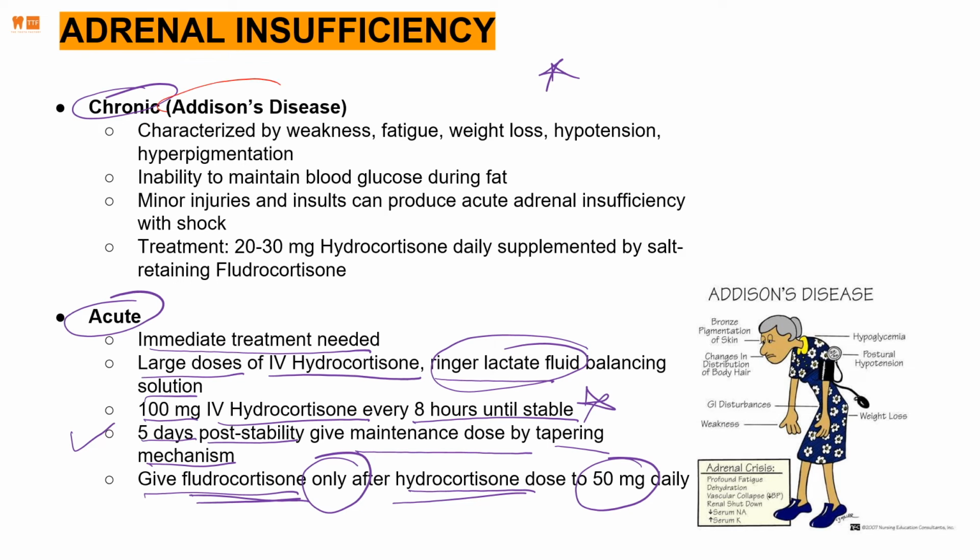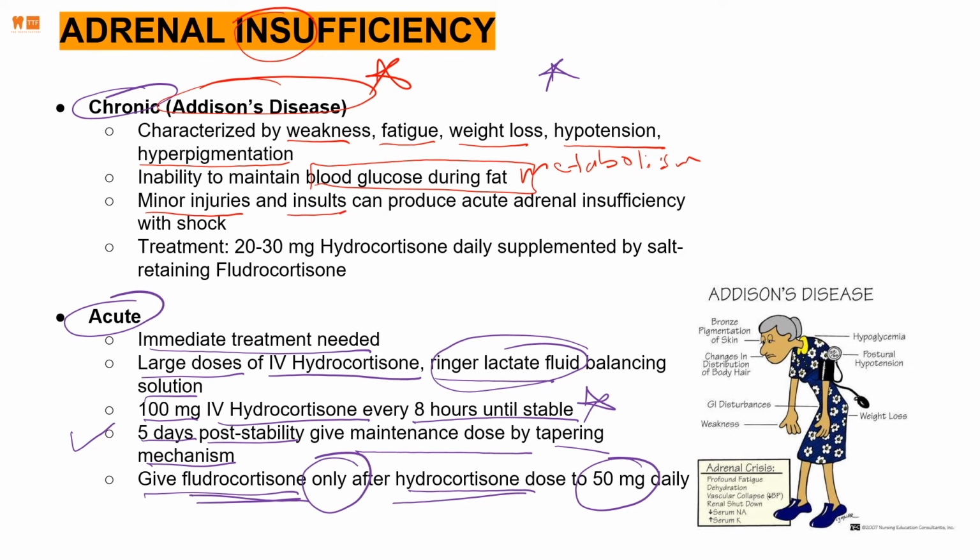Chronic, also known as Addison's disease, and that makes it simple for us. Characterized by weakness, fatigue, weight loss, hypotension, and hyperpigmentation. This case is because of insufficiency of cortisol, inability to maintain blood glucose during fat metabolism.